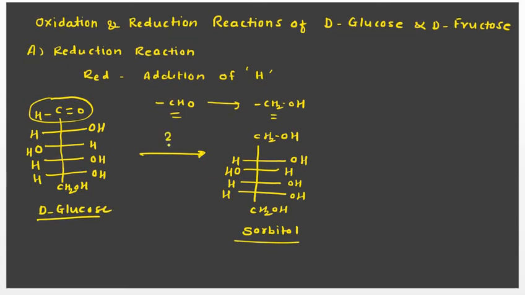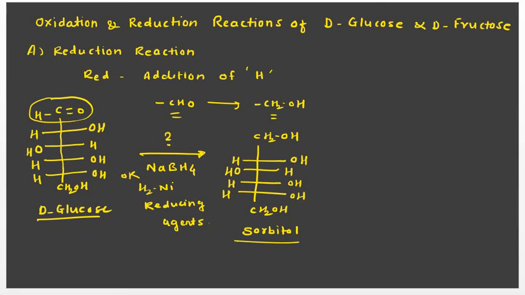Now what reagent is used here? Remember, here we can use sodium borohydride as a reducing agent, or you can use hydrogen on the surface of nickel as a reducing agent. So either you can use NaBH4 or hydrogen on the surface of nickel. These reagents are known as reducing agents.